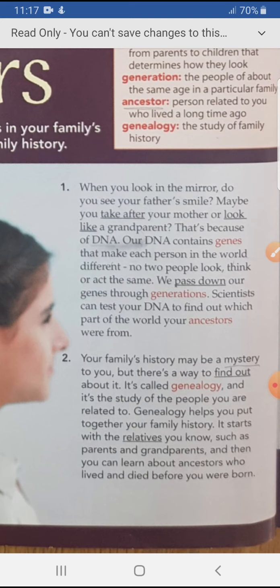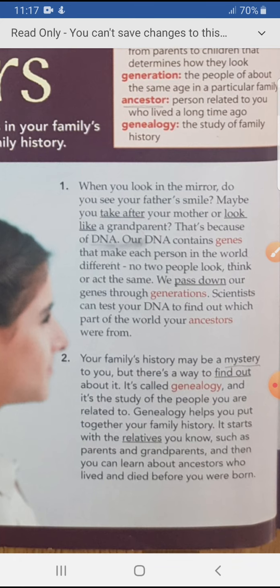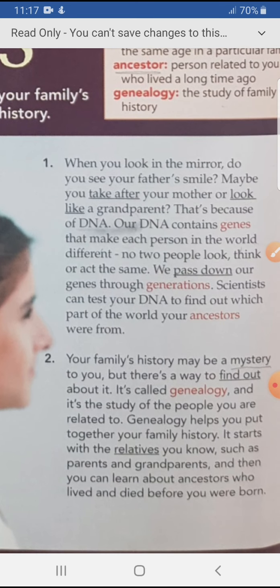So, scientists can find out where our ancestors come from by our genes. Paragraph 2 explains how you can discover family's history through genealogy. By studying family's history, you can learn about the ancestors.